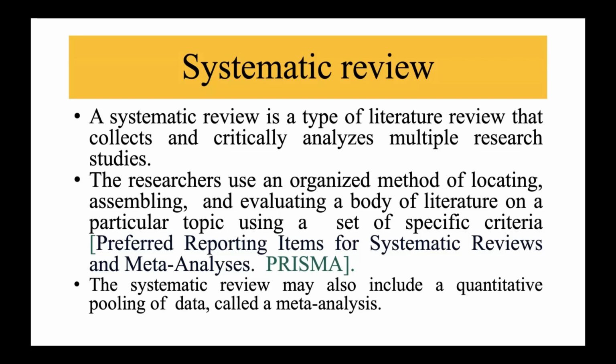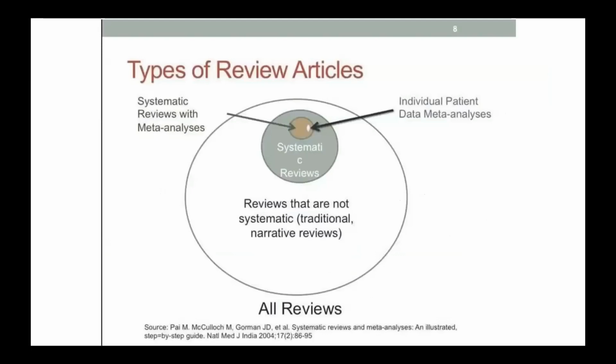If you simply review it, then it is called a systematic review. But if you quantify it from the pooling of the already done primary research, then it is called a meta-analysis. So this is an example of types of review.